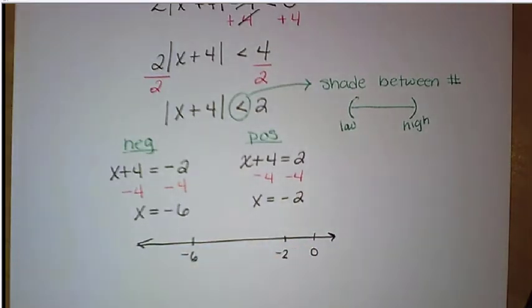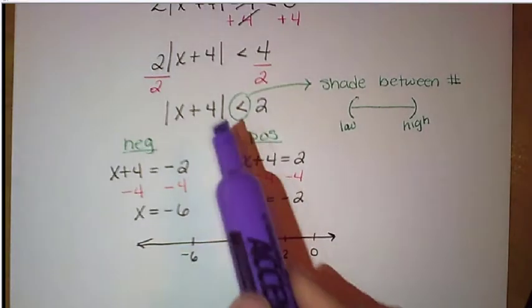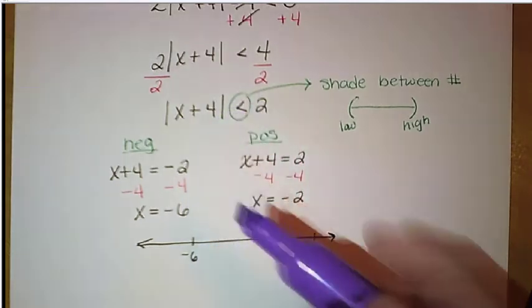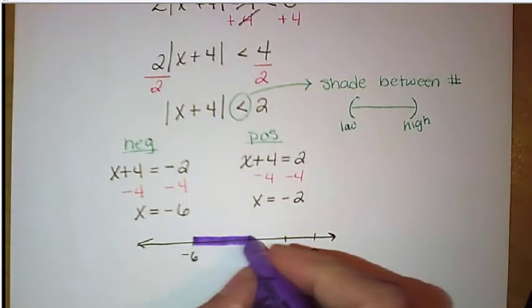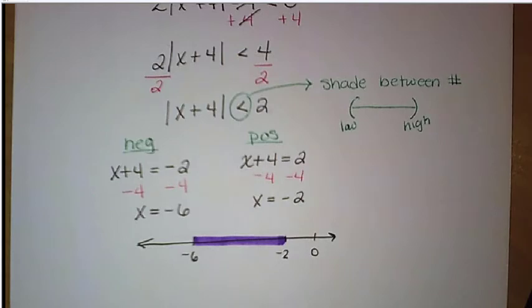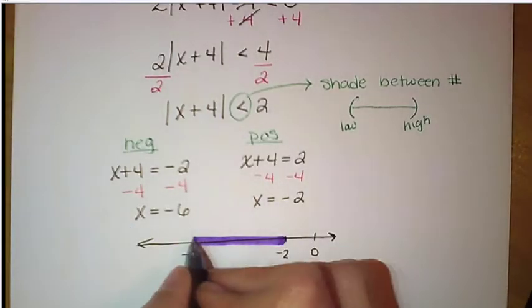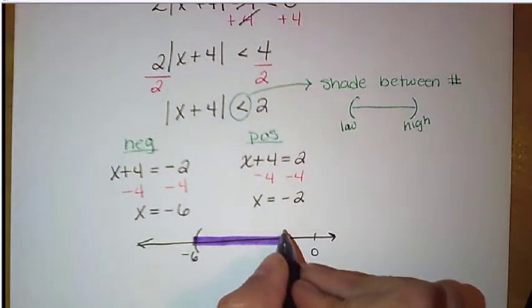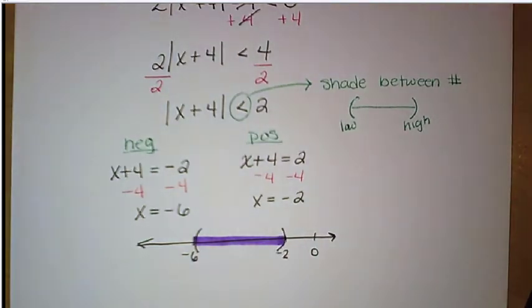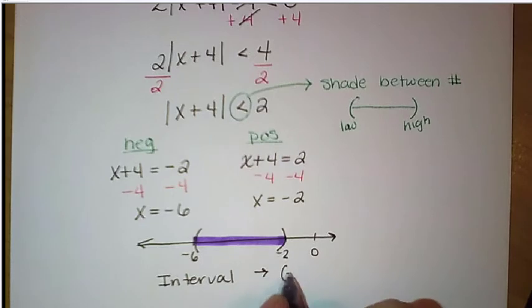Because I'm looking at a problem that is less than, I want to shade between -6 and -2. And because it is less than, at -6 I have a parenthesis, and at -2 I also have a parenthesis. My interval notation is going to be one interval. It's going to start at -6 with a parenthesis and end at -2 also with a parenthesis.